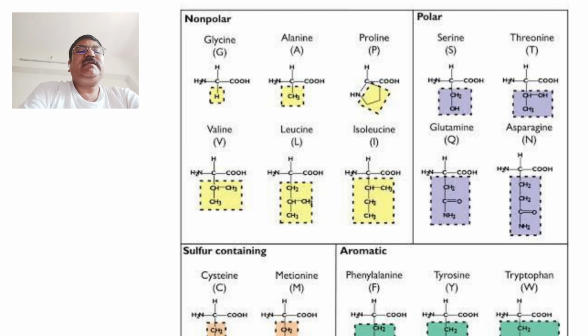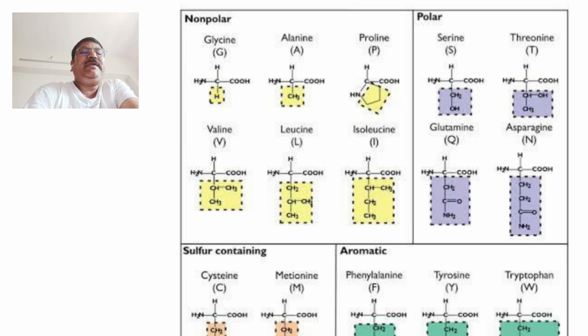So glycine contains a hydrogen atom as a side chain. Next non-polar amino acid is alanine, denoted by letter A. In alanine, the R group is a CH3 group.